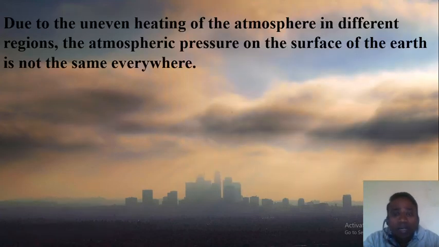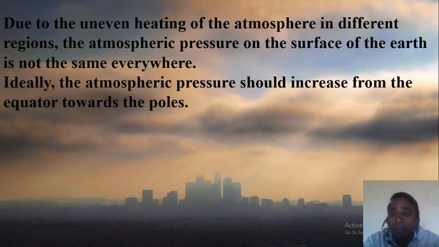Due to uneven heating of the atmosphere in different regions of Earth, atmospheric pressure on the surface of Earth is not the same everywhere. We know that atmospheric pressure should increase from equator to pole because the equator is the hottest region on Earth and the poles are the coldest. But this is not so.